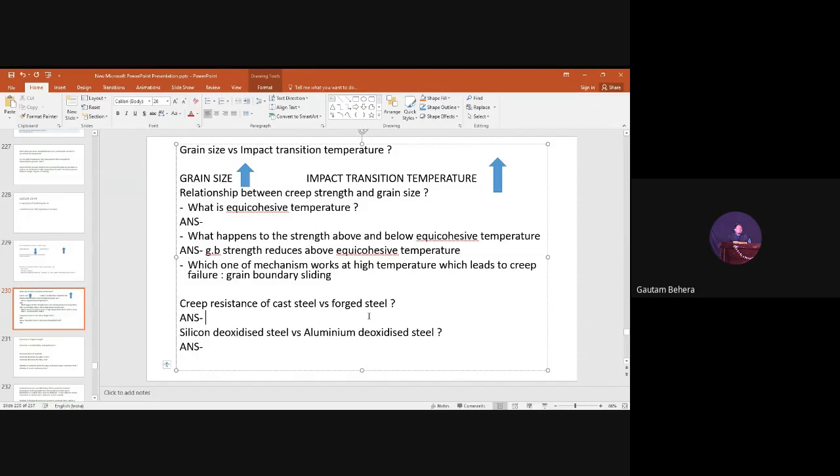Okay, Alok Kumar Jai Singh is absent. Aniket Baral. Yes, sir. What is the meaning of hot forging? Sorry, sir, I don't know. You don't know. Okay, fine. What can you tell me?